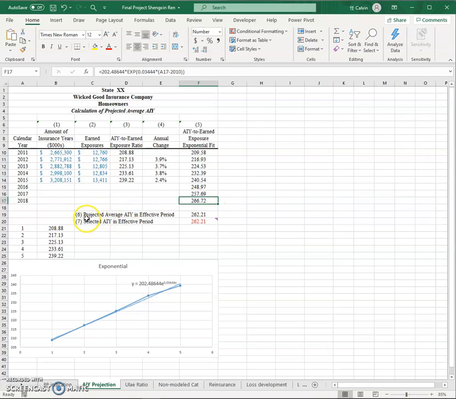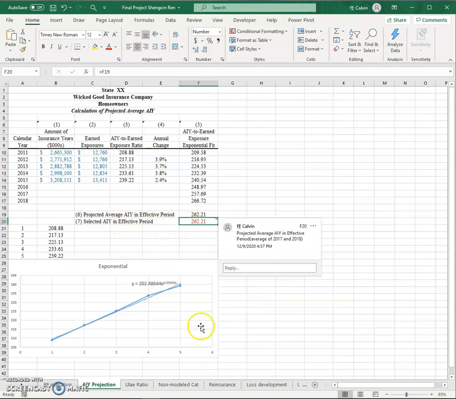And then we get the projected average AIY in effective period. For this one, I just use the average of the last 2 years, and also it's our selected AIY in effective period. Oh, by the way, I slightly changed the order because I want to explain more easily.